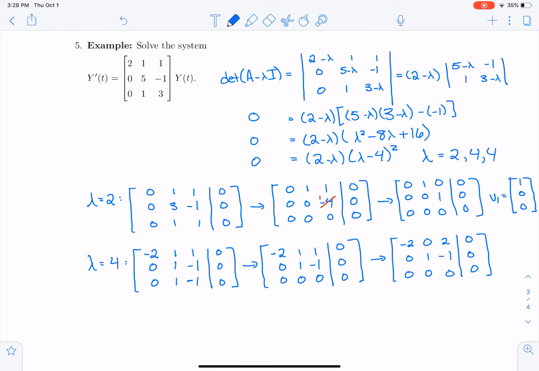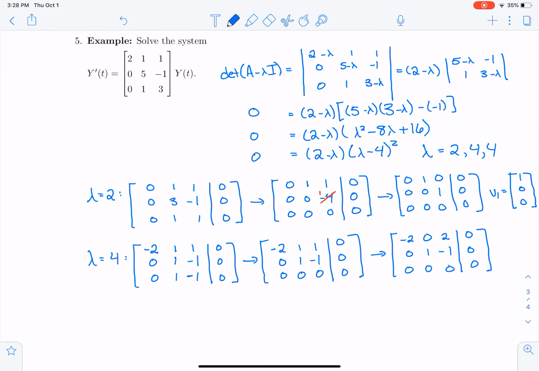And then from this point, it's pretty easy to see that if I let V3 be a 1 for the free variable in that third row, then V2 would have to be 1. And then the second row would have to be a 1. And then the first row would have to be a 1.